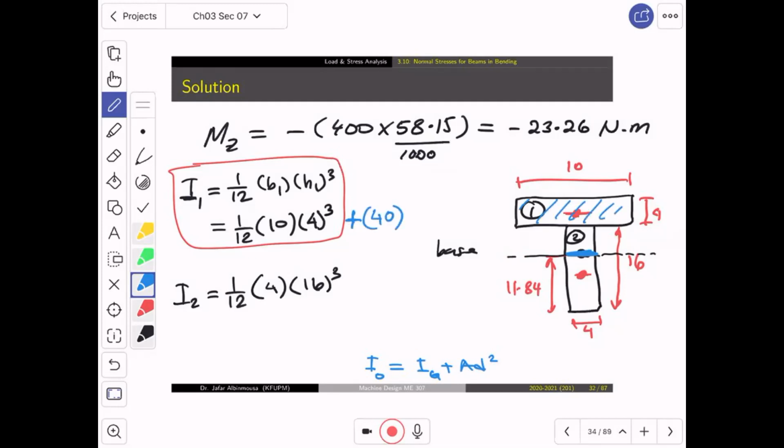It's from the centroid to the neutral axis. Yes, it is the distance from the centroid to the neutral axis. So that distance d1 is equal to 6.154 and then square.